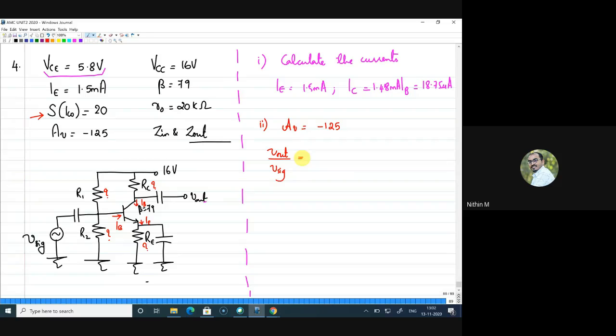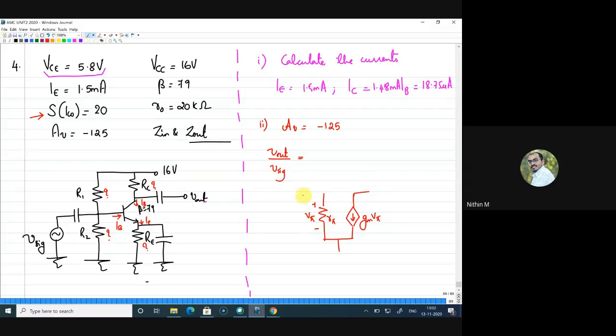For that, I should definitely have a small signal picture. If I do that, can you tell me what will be the small signal gain of this formula? Okay, I'll quickly draw the equivalent circuit. This is R pi, GM V pi, and this voltage is V pi.